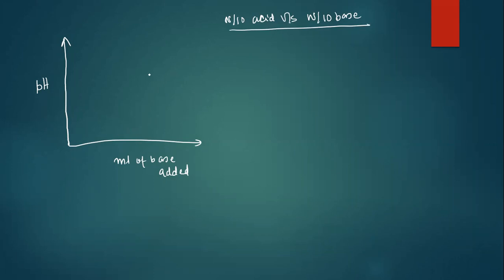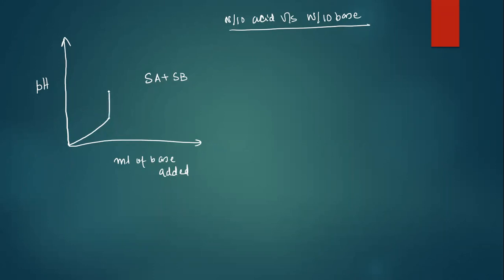We start with a strong acid, strong base neutralization. It will go like this. pH is increasing as you put base into acid, because the acid will be in the conical flask and the base will be in the burette. So as soon as you put the base into the acid, the pH increases.